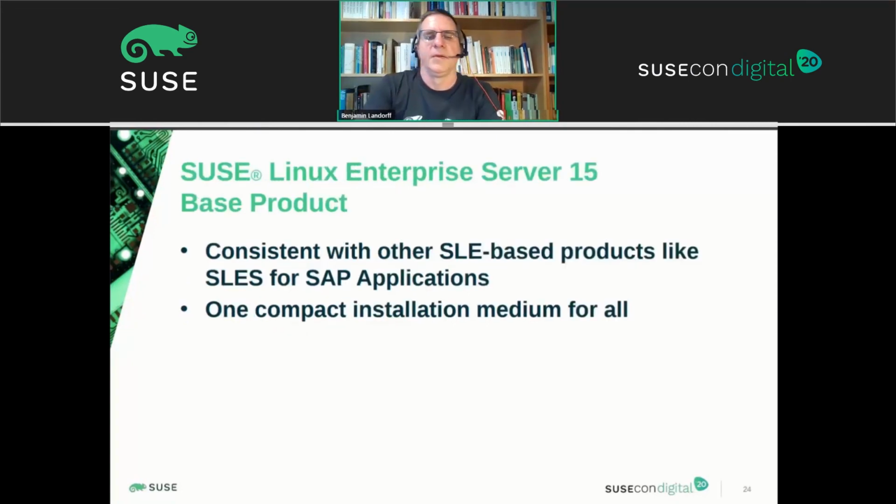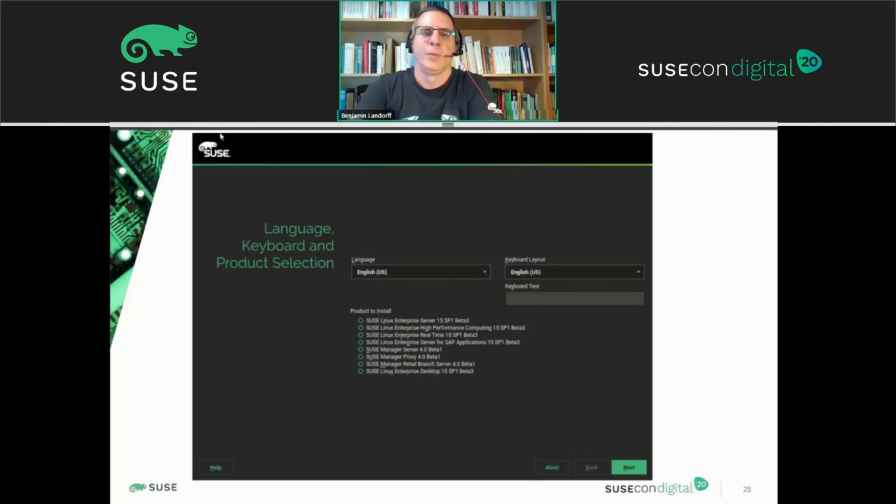We made SUSE Linux Enterprise Server 15 a base product. So that's, for one, consistent with other SUSE Linux Enterprise-based products like SUSE Linux Enterprise for SAP, already mentioned. And that means we have one compact installation medium for all. As we're going to see in 4.1, this has more positive side effects than just having SUSE Manager and server and proxy and retail branch server now in the same installation medium as SUSE Linux Enterprise Server.